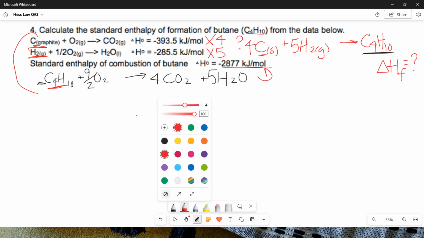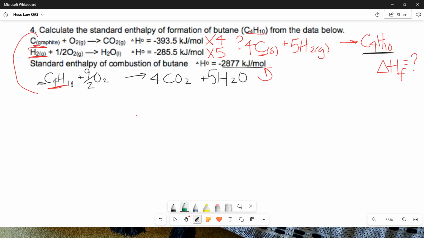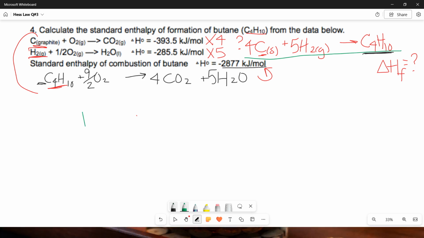So let's rewrite these 3 reactions in such a way that we should come out with our desired end result. For the first reaction, we're going to keep it in the same format, but we're going to have to increase it. When I multiply by 4, I'm going to have to multiply the equation by 4 also.